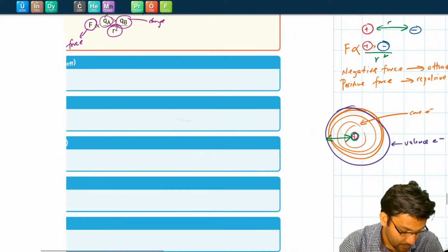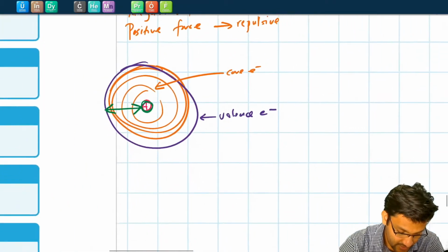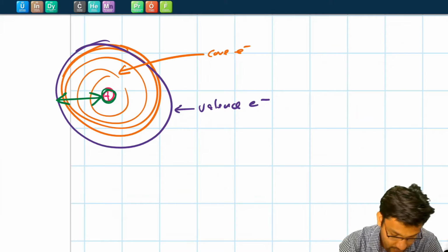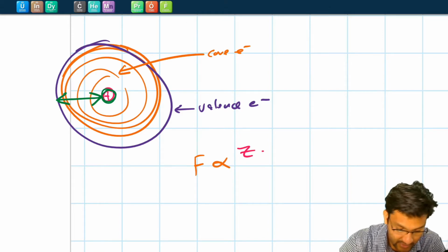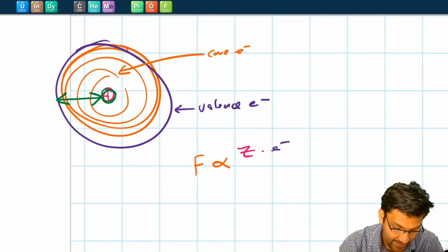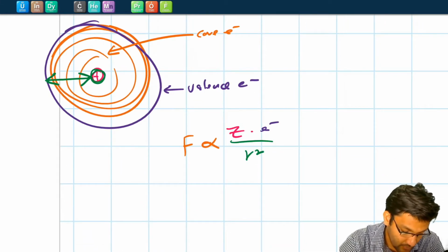If you think about it, you can think of the force as being proportional to the charge of the nucleus, let's call that Z, times just the outermost electron, divided by the distance squared. But what about all of the electrons in between?